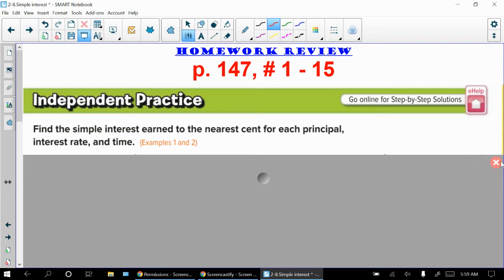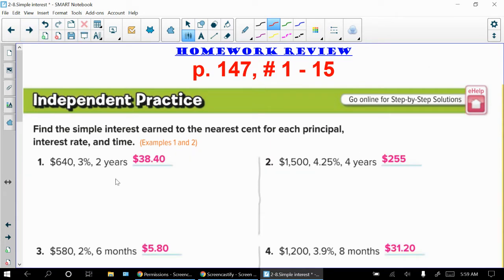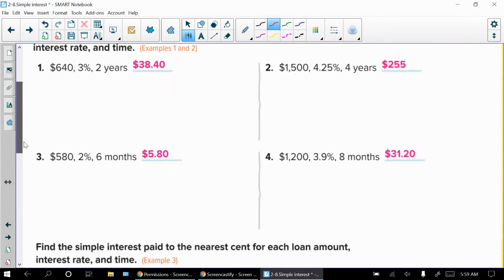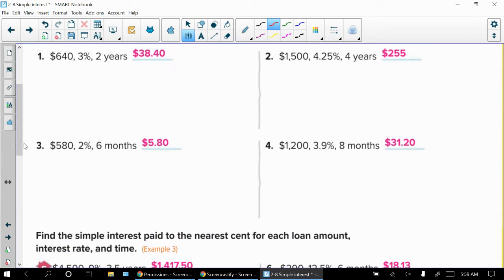Let's look at the homework that you were supposed to do Friday. Here's the answer key. Some kids made mistakes on this one, which should have been times a half. This one, you should have had 8 over 12, which then equals 2/3.